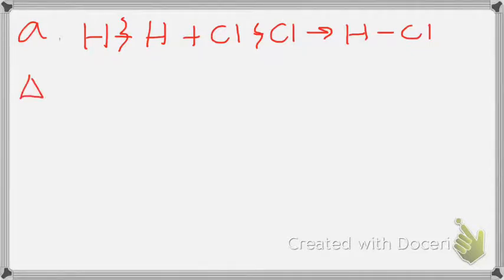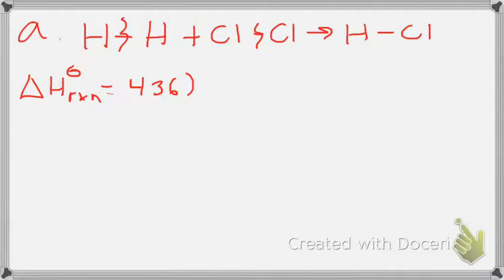So the delta H of the reaction at standard conditions is equal to, look at your table, how much does it take to break the H-H single bond, and you would find that it takes 436 kilojoules per mole of energy.